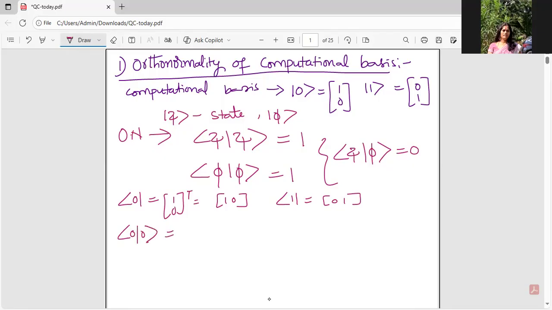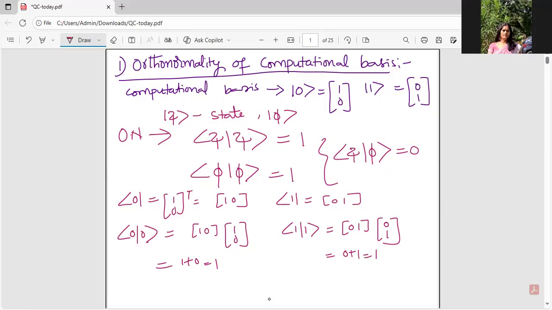Bra 0 ket 0 would be the row (1, 0) and the column (1, 0). Similarly here, the inner product would be (0, 1) and (0, 1). Just go with the matrix multiplication. 1 into 1 plus 0 into 0 gives me 1. Here also 0 into 0 plus 1 into 1 would be 1.